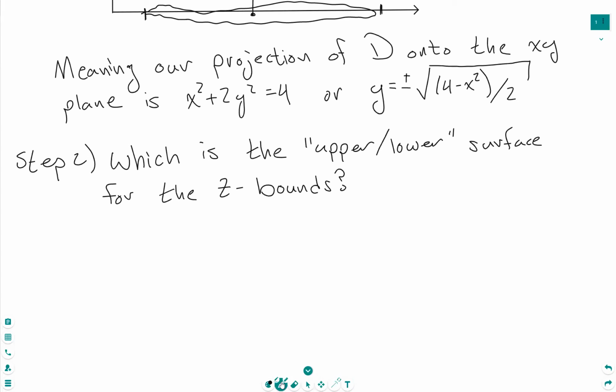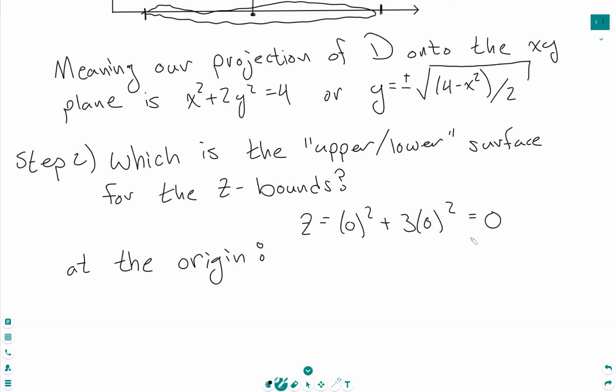So we can just plug in some points. Notice that the origin is included in this. So at the origin, z is equal to 0 squared plus 3 times 0 squared, which is equal to 0.